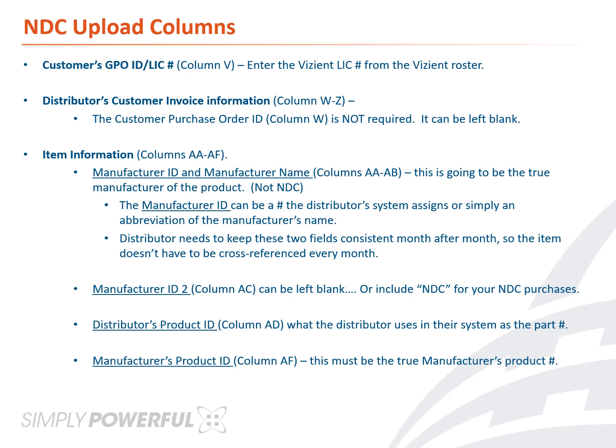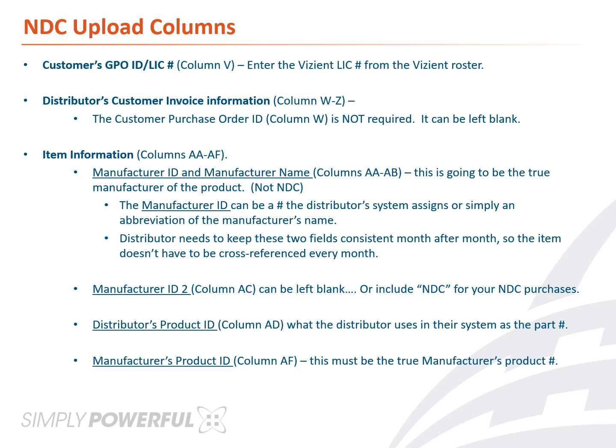Columns AA through AF are the item information. The manufacturer ID, manufacturer name, and product IDs. The manufacturer ID must be the actual manufacturer and not NDC.